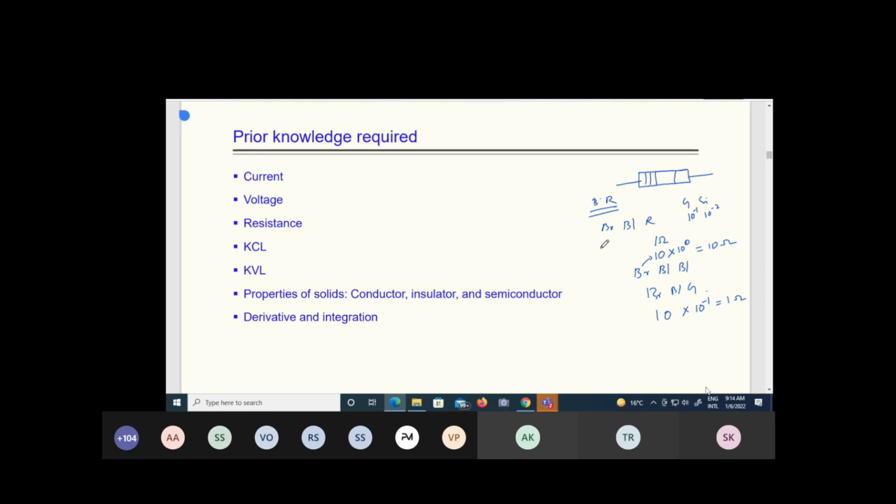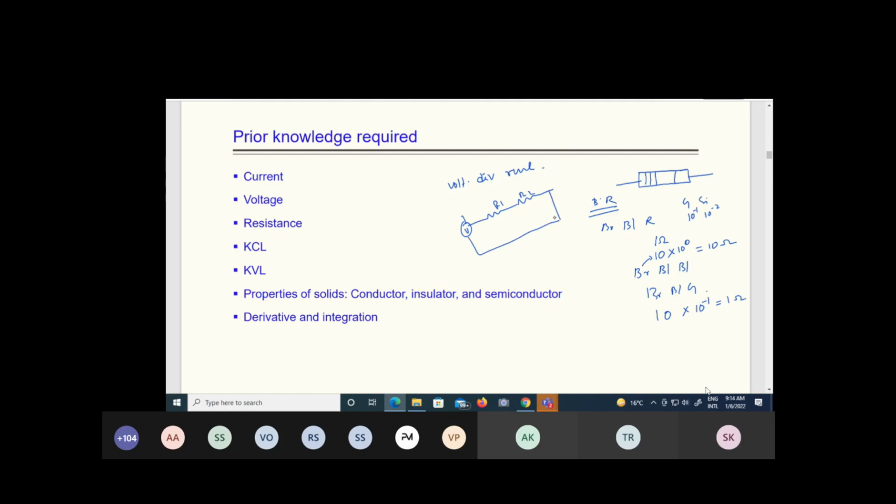Okay. And what is the voltage division rule? Do you know the voltage division rule? Suppose one voltage V is there, and two series resistors are there, R1 and R2.